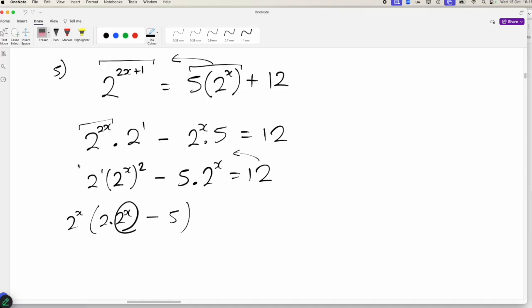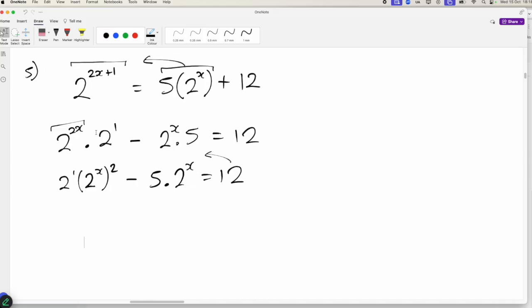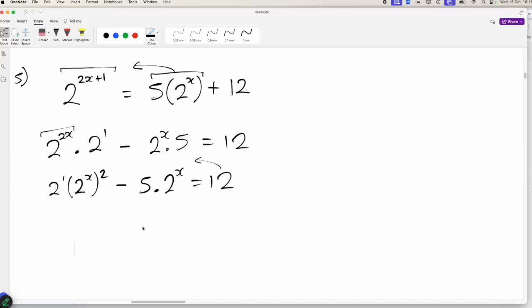So it doesn't really help me. If I throw the 12 across, things might start to look familiar. Because I'll end up with 2 times 2 to the x squared minus 5 times 2 to the x minus 12 is equal to 0.